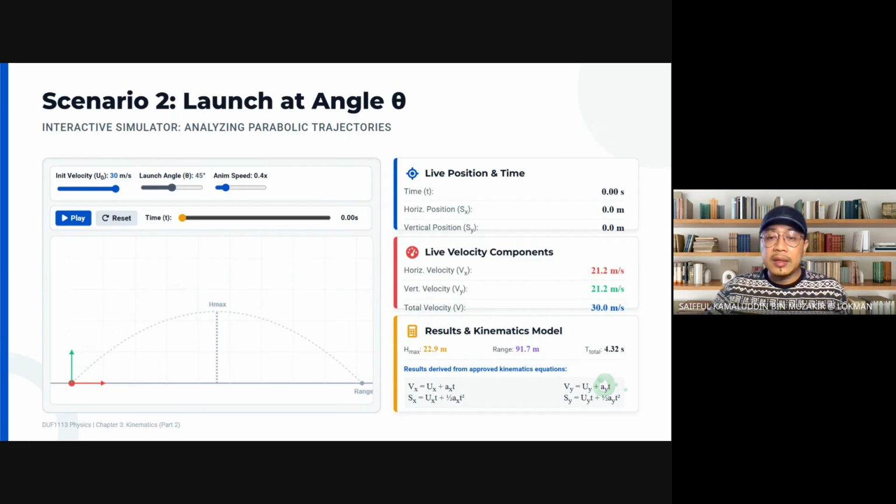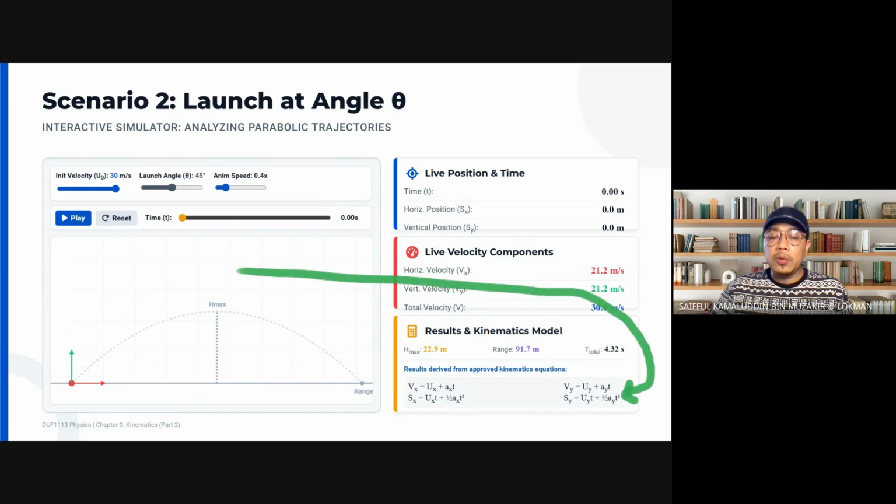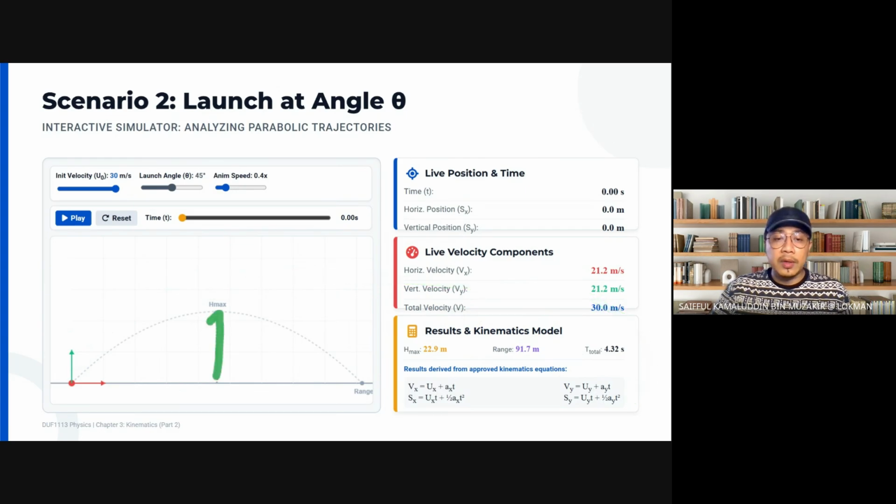You could find the T, and use that T again in the S equals UT plus half AT squared equation. Then you can get your SY. You have to play around with the equations. If you see a dead end, change to some other equation until you find something that can be used.